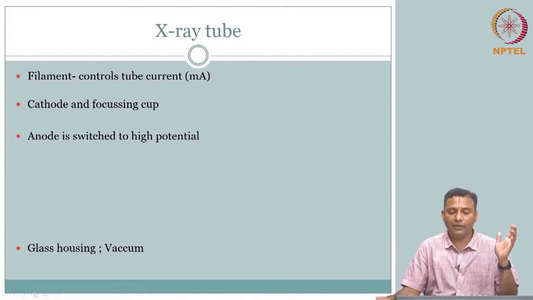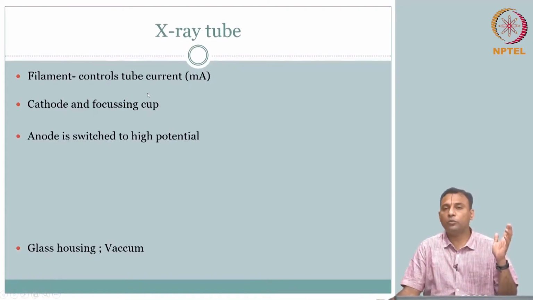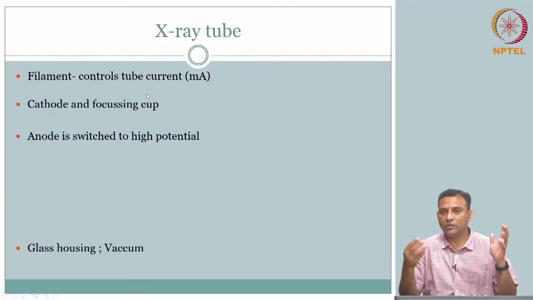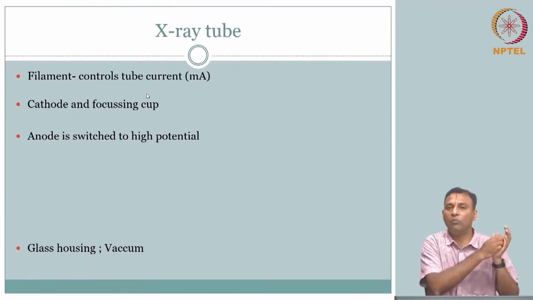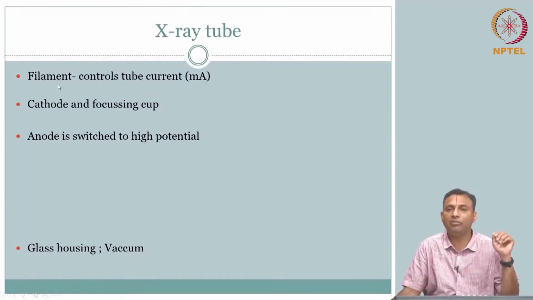So how does the filament control the tube current? The amount of electrons that are generated here, that are ready so that once the potential is applied they can move, is controlled by the filament circuit.